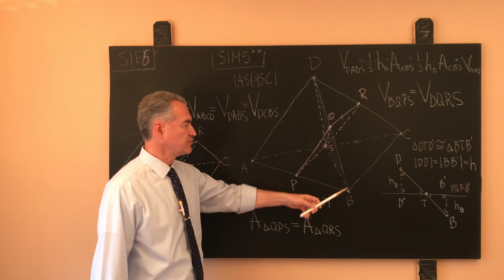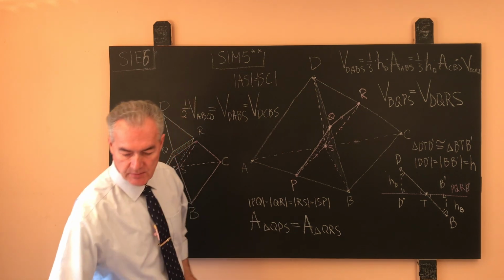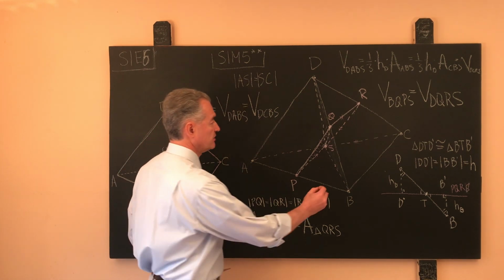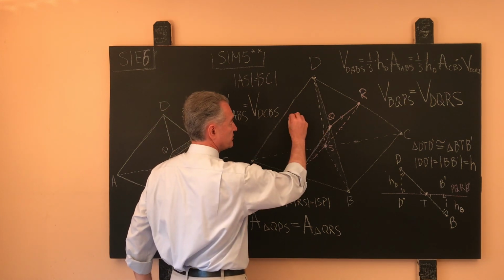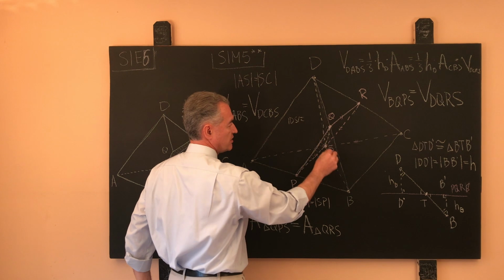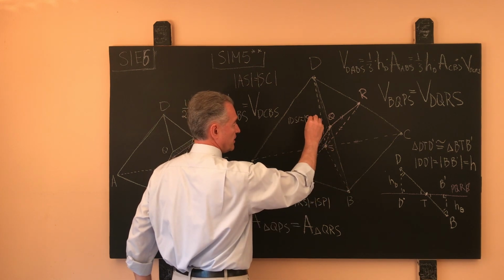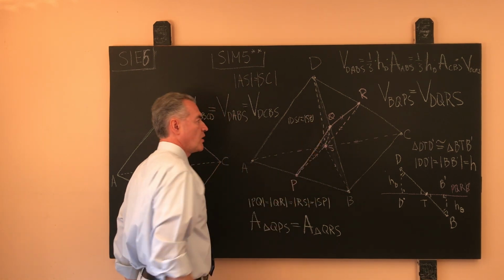In other words, in this particular case, let me grab some white. We see that, for example, the length of the segment DS is the same as the length of the segment SB. Again, why?